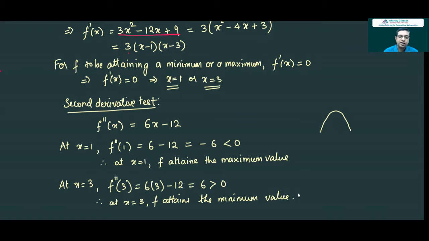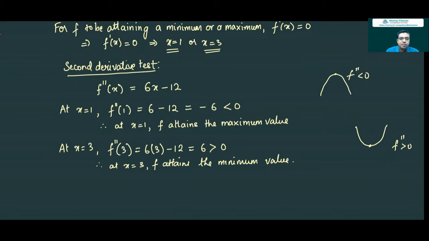So x equal to 1 is the point of maximum, and x equal to 3 is the point of minimum. Here the second derivative is negative, and at this point the second derivative is positive because of the curvature. Okay.